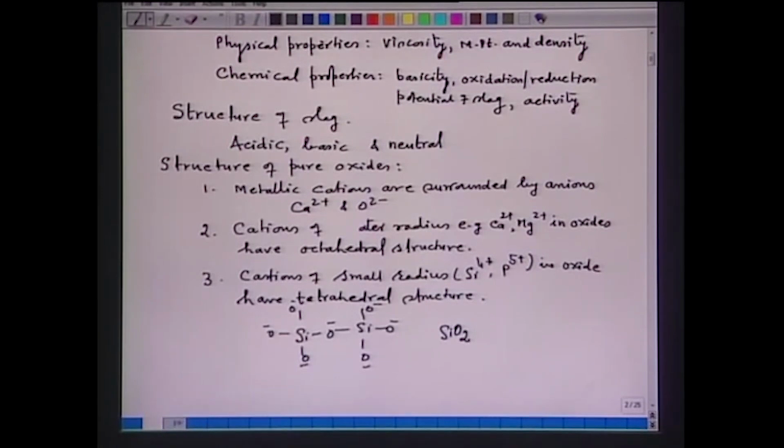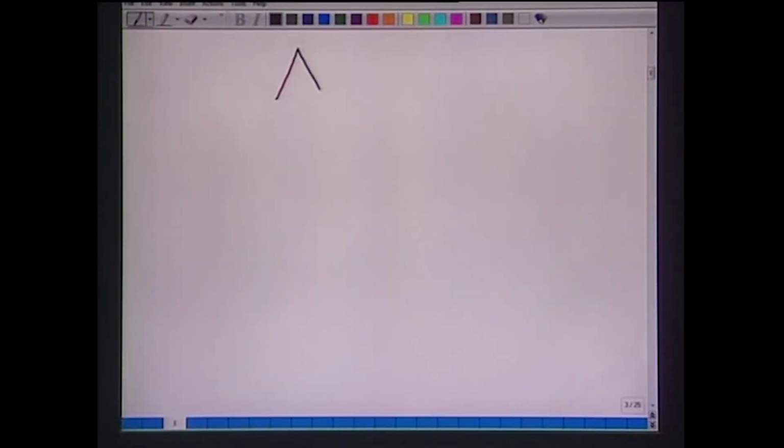Now, another important feature is that in the acid slag, the tetrahedral network which is present in 3 dimensions is joined at the vertex. For example, if this is one silicon-oxygen tetrahedron, here is oxygen, oxygen, oxygen, silicon and here is oxygen.